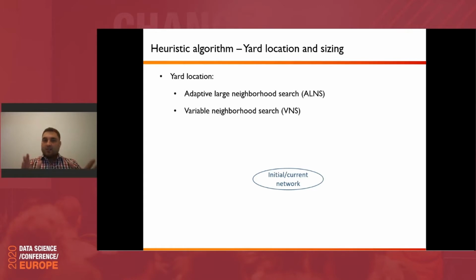Here we developed two heuristic algorithms which are based on two different metaheuristics. The first one was adaptive large neighborhood search, and the second one was variable neighborhood search. Both these metaheuristics use network change operators to explore the huge search space of all possible states of the cargo network.